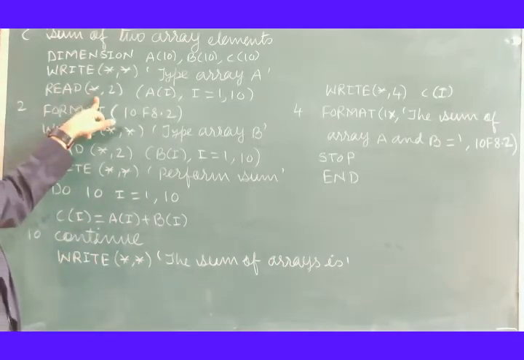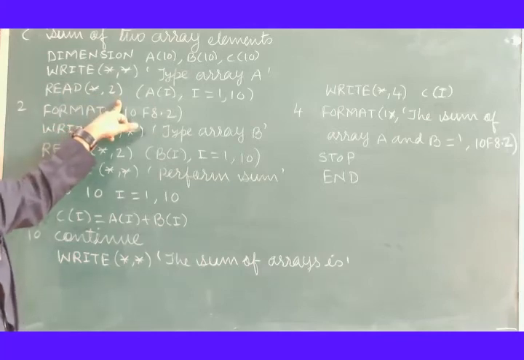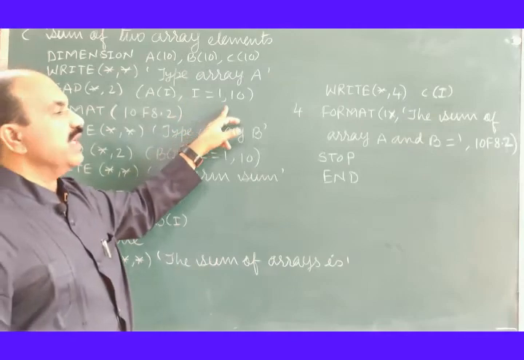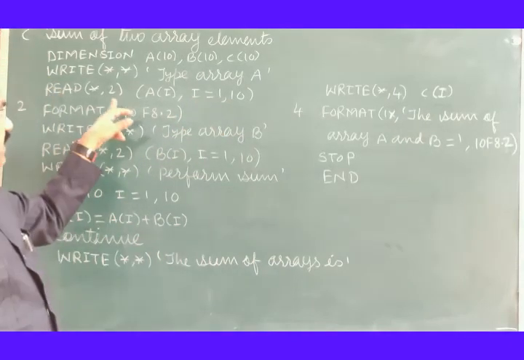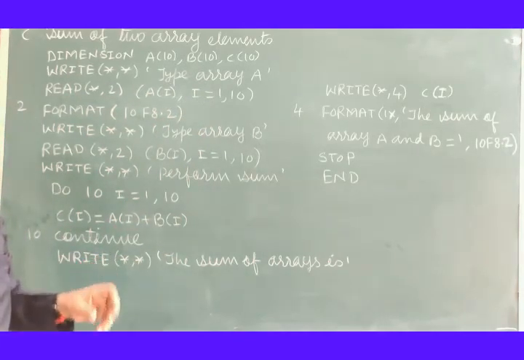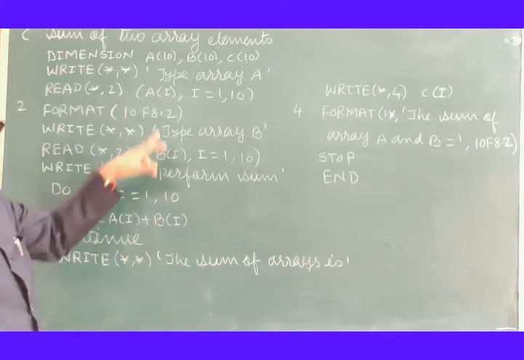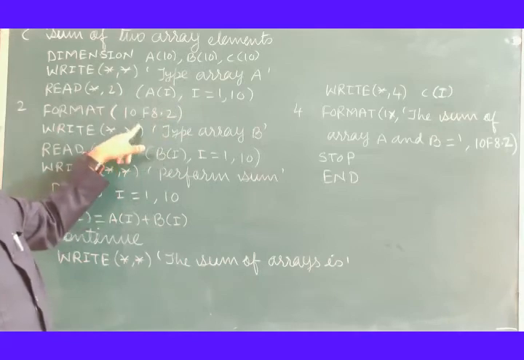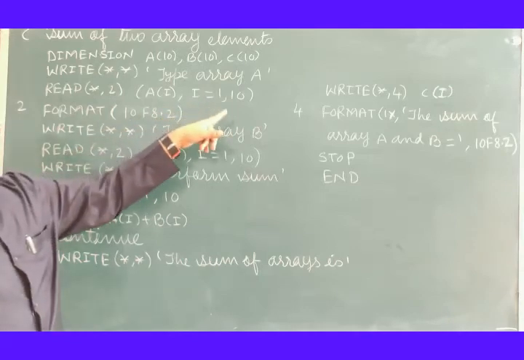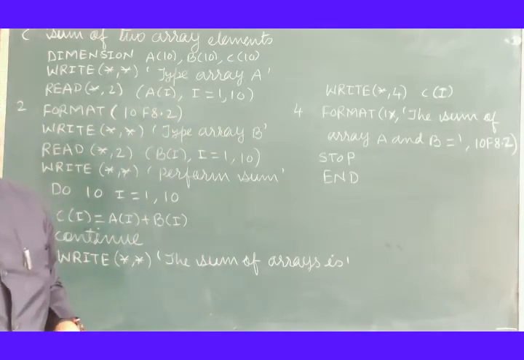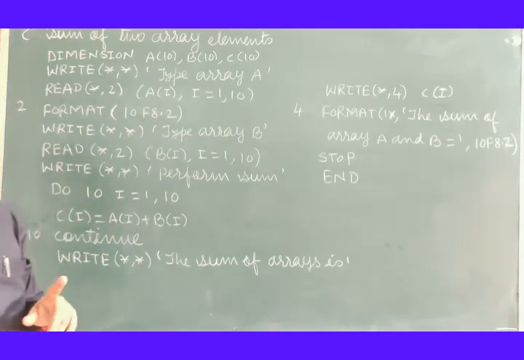Read asterisk comma 2 is for format. A of I comma I is equal to 1 comma 10. This statement will read 10 values A1, A2, A3, A4, A5 up to A10 for A(I) in this format. Here I have written 10 because 10 values are there, and all these 10 values will be read in a single line.